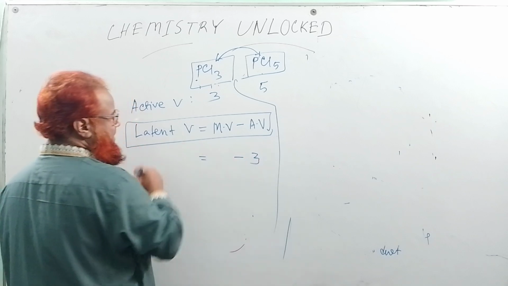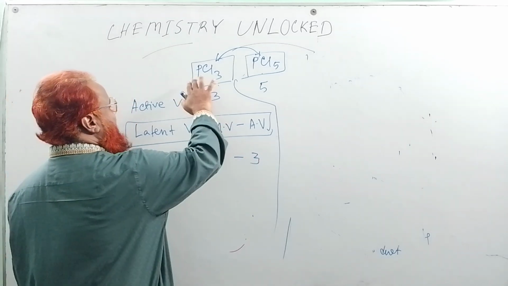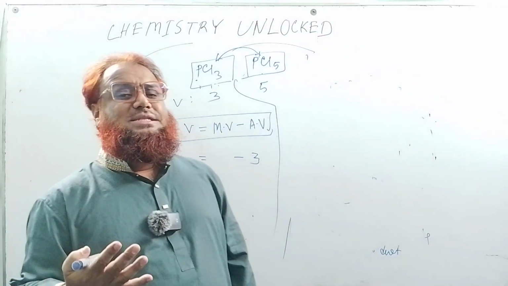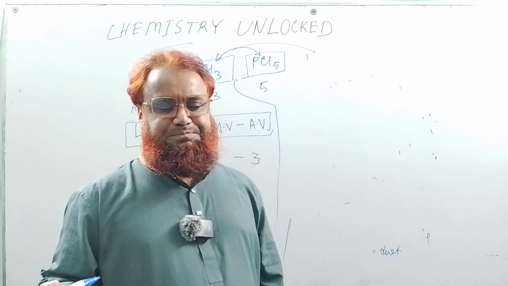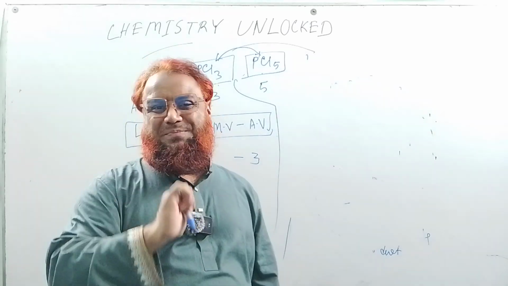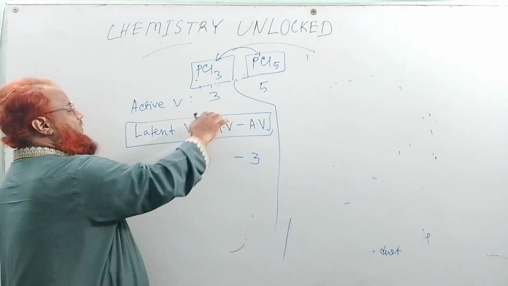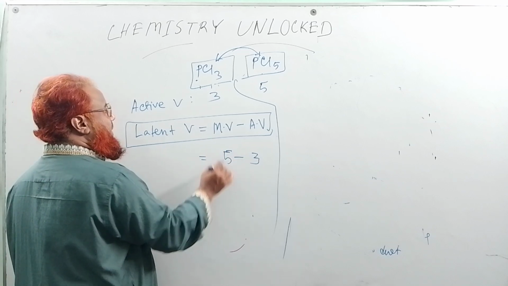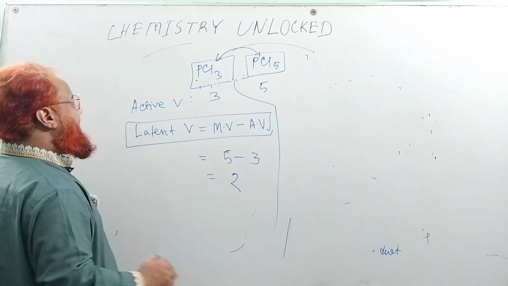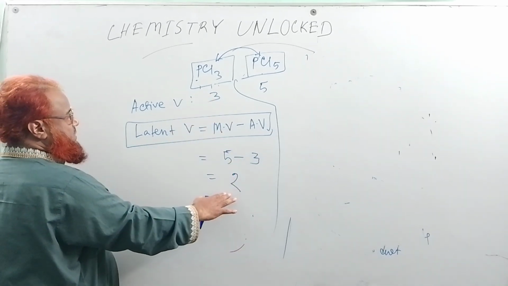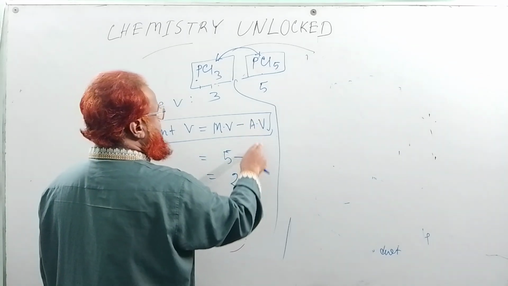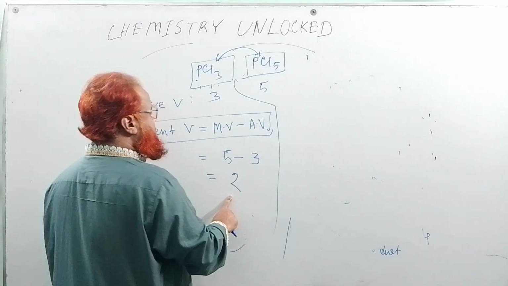And we know that the variable valencies of phosphorus are 3 and 5. So between 3 and 5, the maximum value is 5. So the maximum valency of phosphorus is 5. So here latent valency is 2. So in the PCl3 molecule, latent valency is 2 because maximum valency is 5 and active valency is 3.